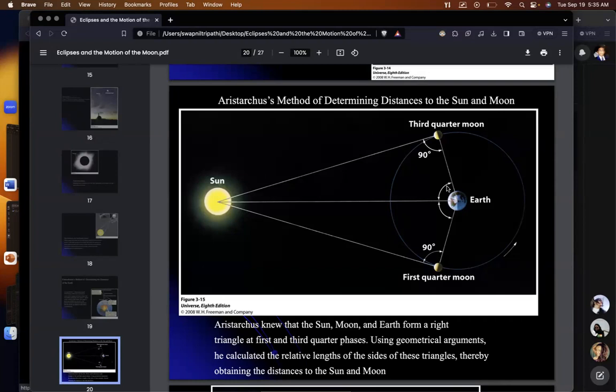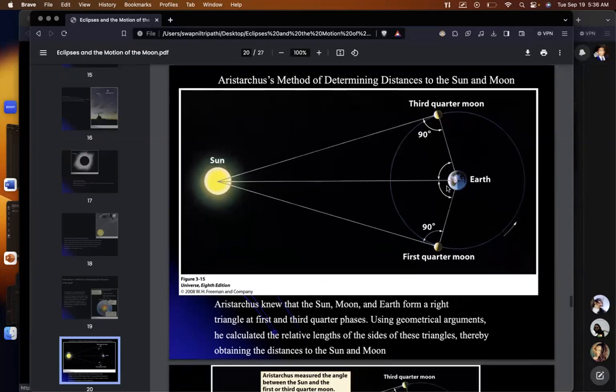So we know the size of the earth. Moon is about 1/3 the size of the earth. So we know the moon size, and the sun is 20 times as big as the moon. And that was the way he was able to calculate the size of the sun and the moon.